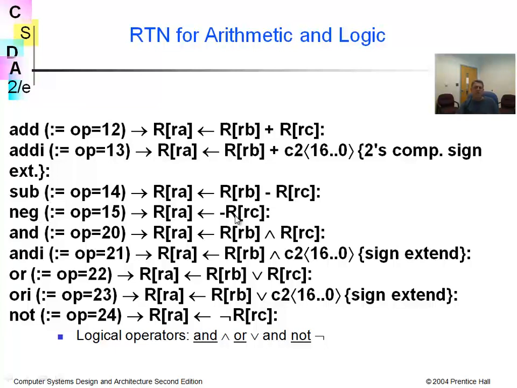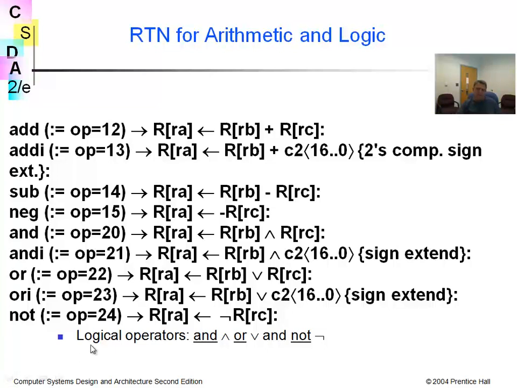Negation means you take ROR-C, negate it, and load the result into ROR-A. Always in arithmetic and logic operations, the destination is ROR-A, and the other operands come from ROR-B, ROR-C, or the constant field.